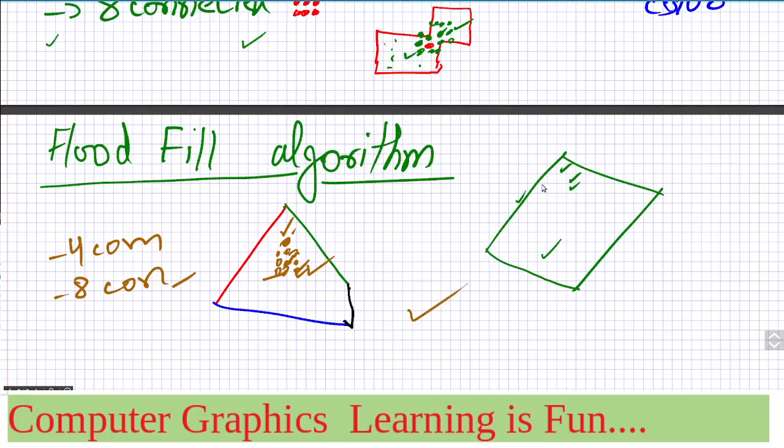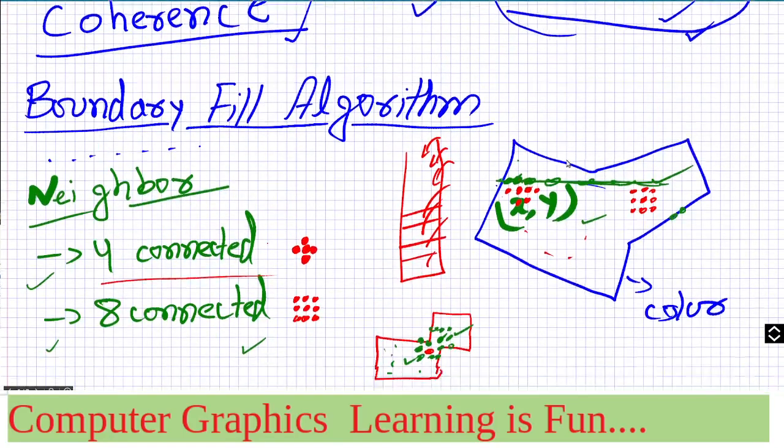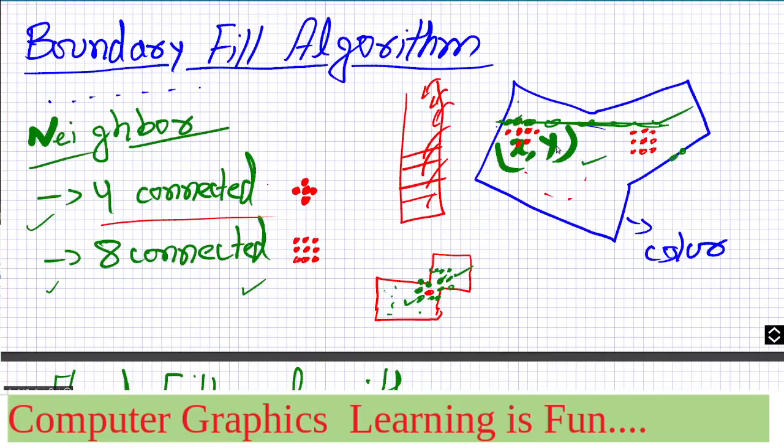Let me repeat what you did in the boundary fill algorithm. You started with one internal pixel, plotted it with the new color, and considered its neighbors. The neighbors can be 4 neighbors or 8 neighbors. You applied the procedure on each of them.